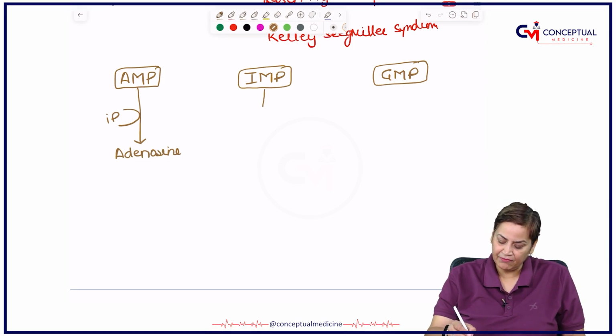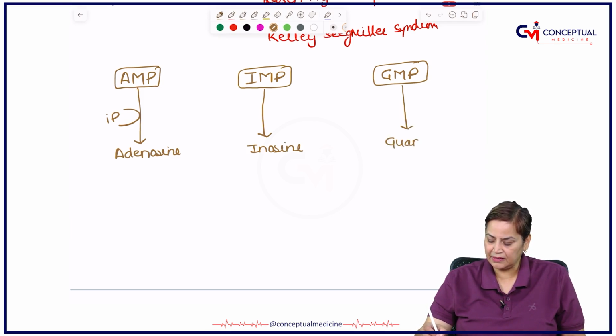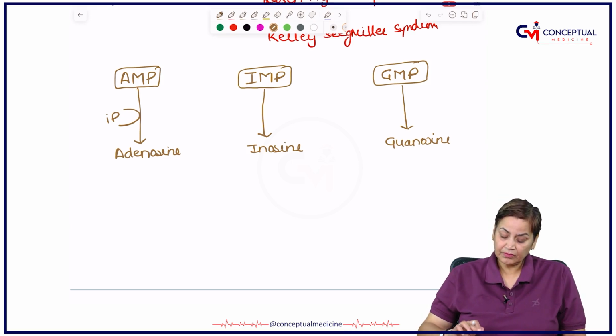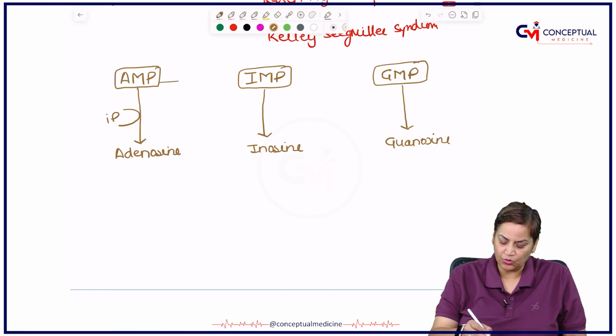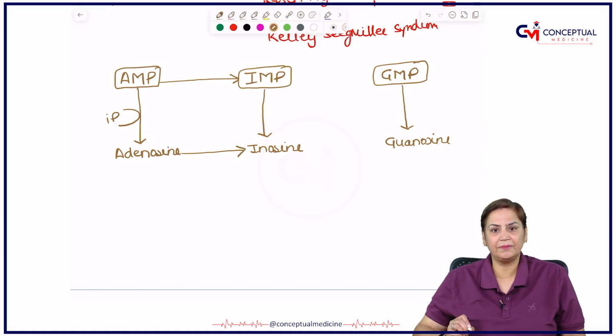Similarly, IMP will be converted into inosine, and GMP will be converted into guanosine. Right? And now this adenosine can be converted into inosine.